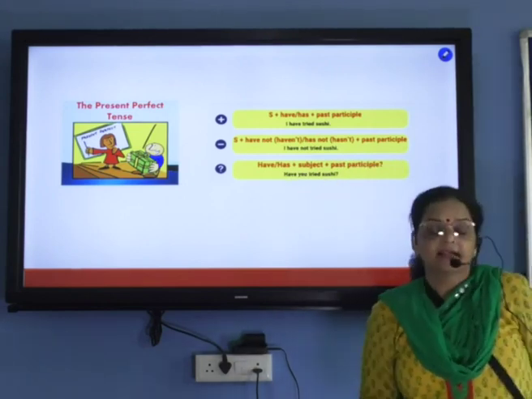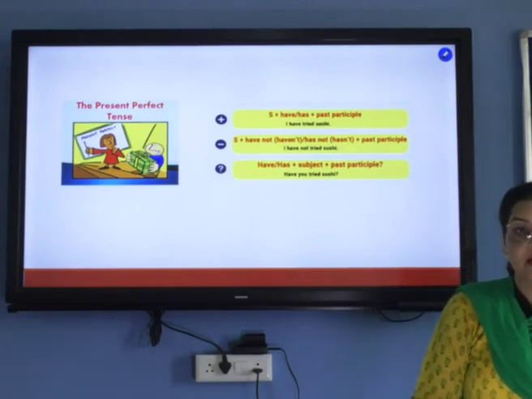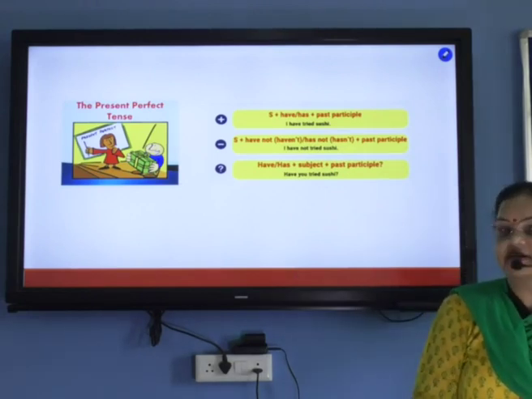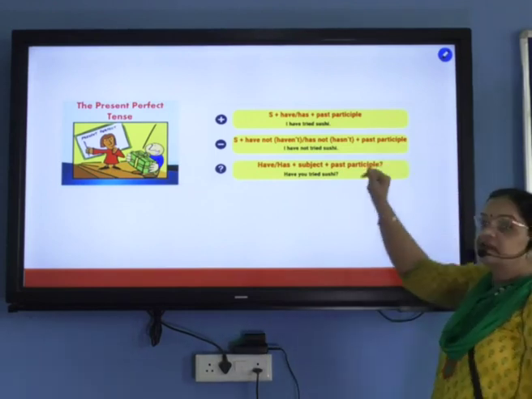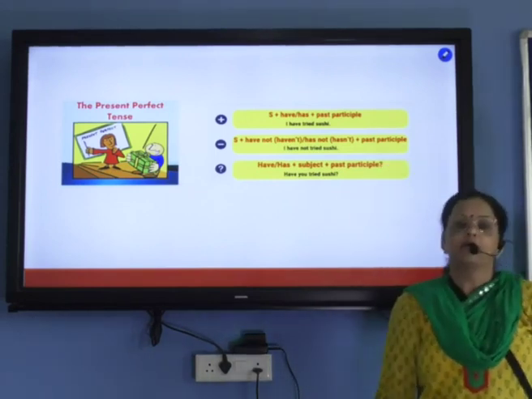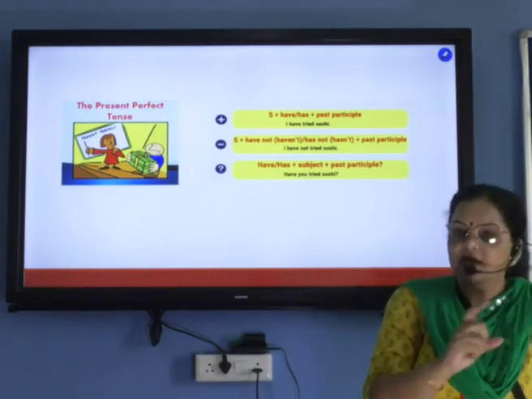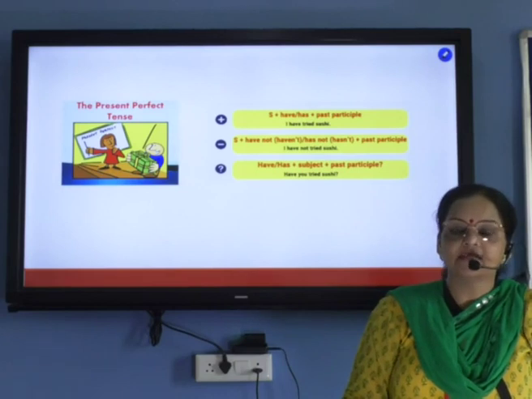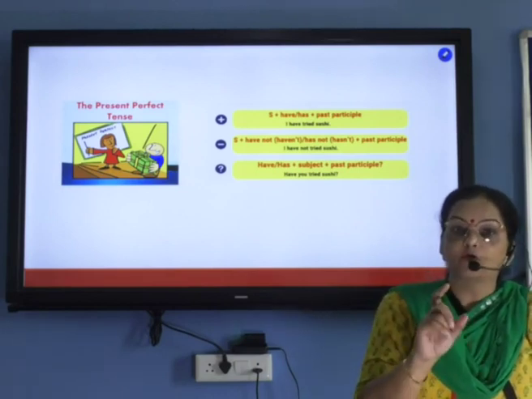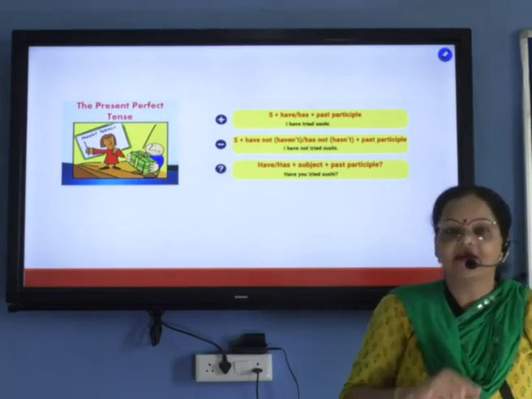Some students say that this is very difficult for me, but I know why it is difficult. The reason is only one: you don't remember the past participles. There are irregular forms of the verb and you have to learn them. Go, went, gone. Unless and until you remember that the past participle of go is gone, you will never make a correct sentence.